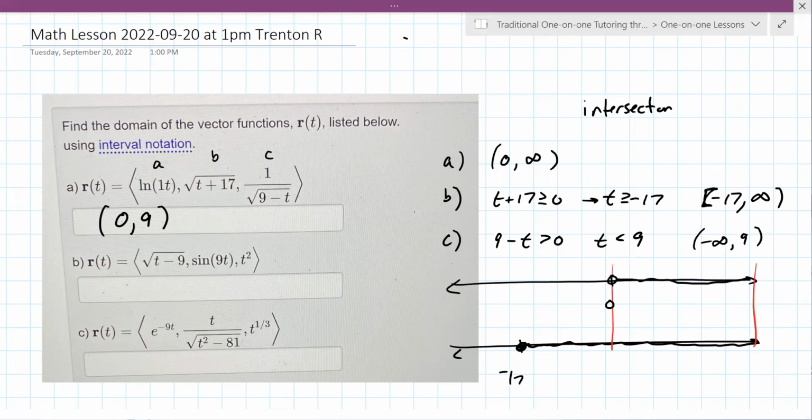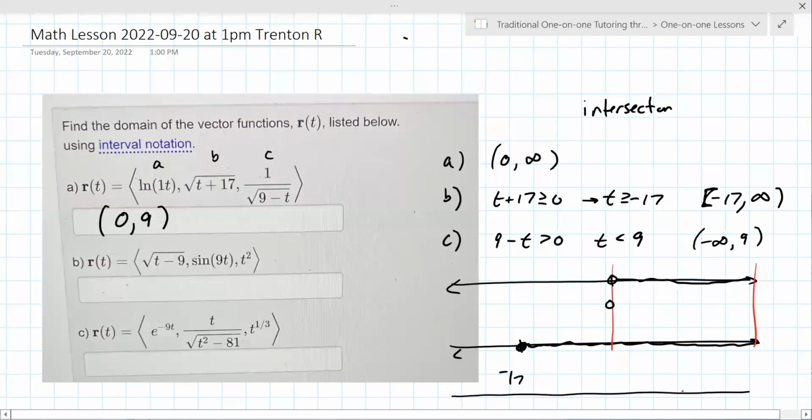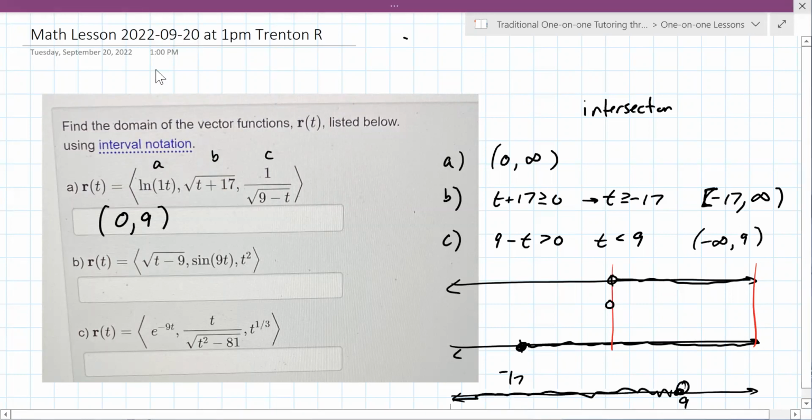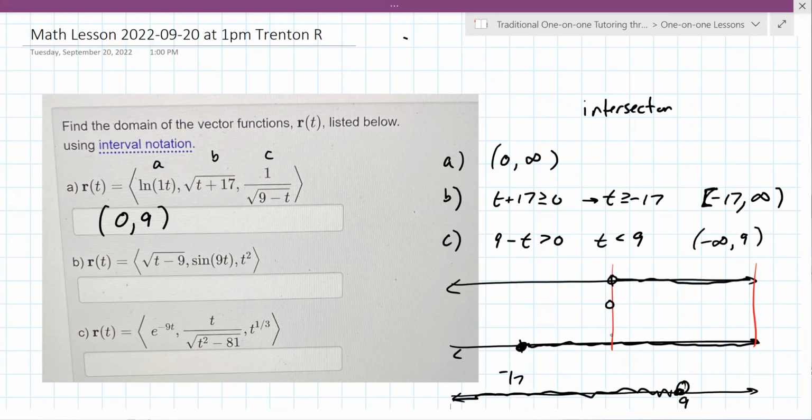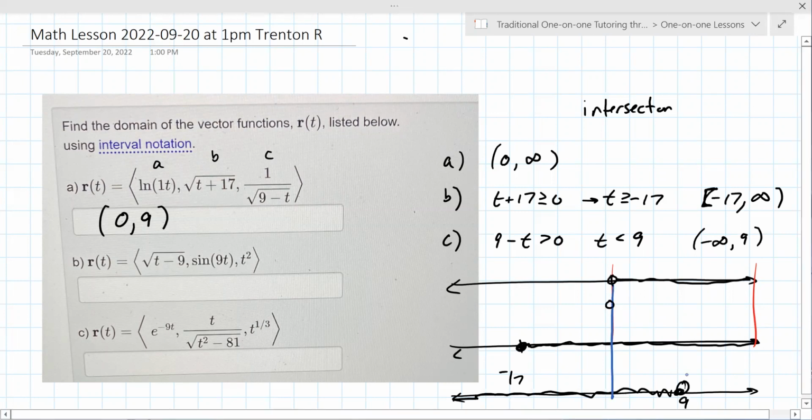Last one is minus infinity to 9. Actually, that's an open circle at 9. And so that's this way. And so now where's the overlap for all three? For all three, it's in here. Okay. From 0 to 9. Okay. So you just find the overlap.